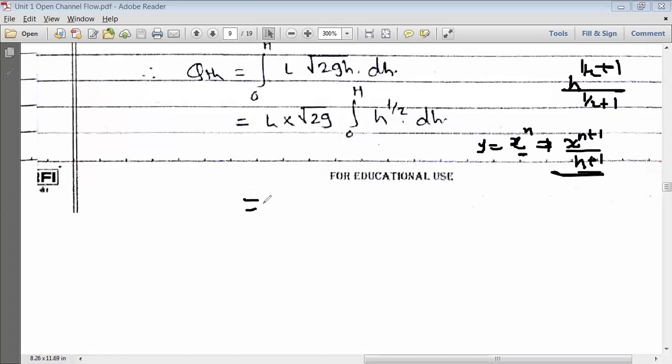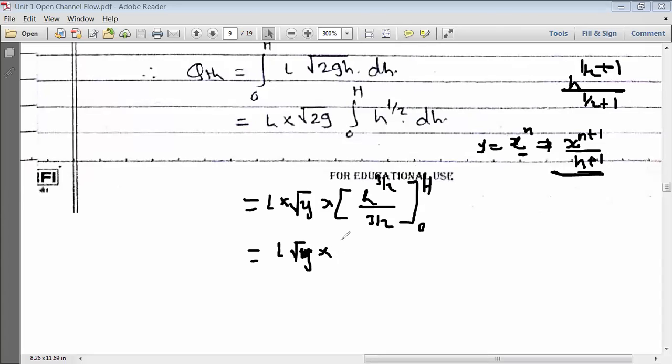Okay. So this part will be as it is: L into under root of 2g in bracket h raised to 3/2 divided by 3/2, bracket complete, 0 to capital H. Now if I put the values here, I will get L into under root of 2g into 2 by 3 into h raised to 3 by 2.